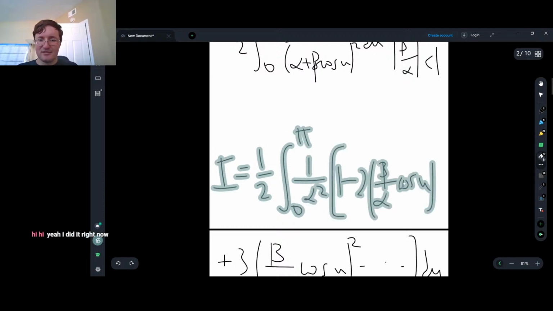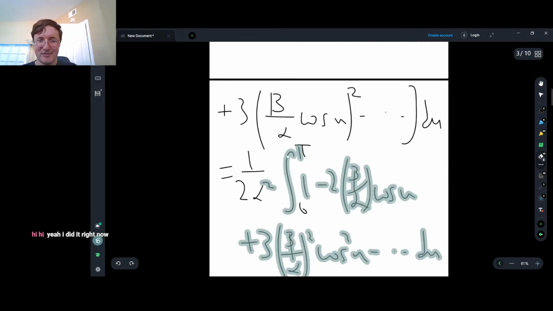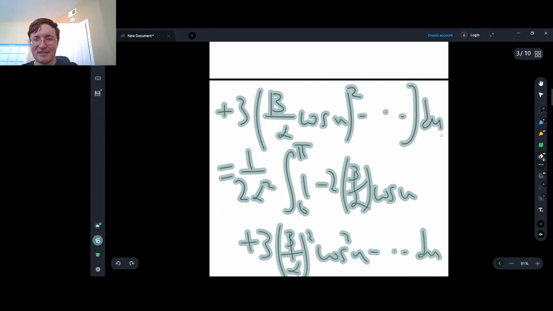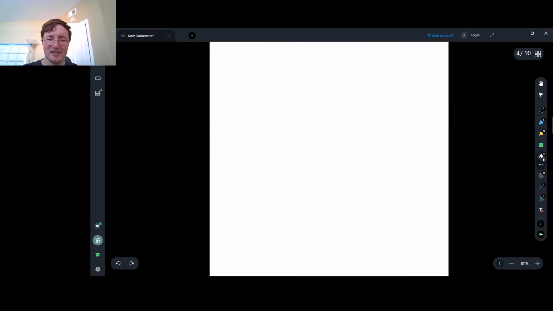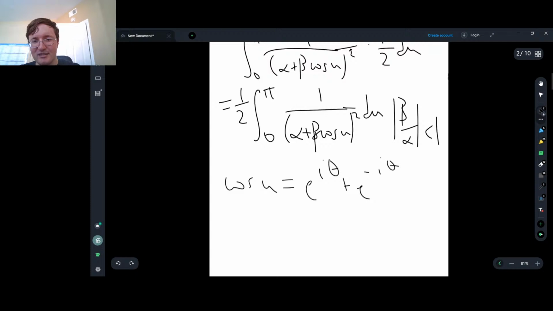I'm going to use some complex analysis here. I'm sure there's a clever way of doing this without complex analysis, but I don't see a way of doing it that isn't super complicated, at least not at the moment. So cosine u I can think of as e to the i theta plus e to the minus i theta, over 2.